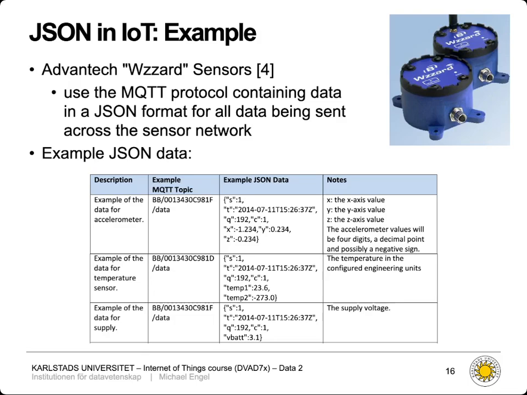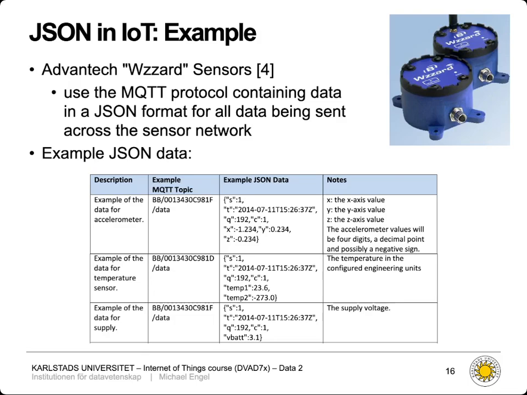So if we have 3 or 4 or 5 sensors of the same type, we would still be able to distinguish from which sensor a certain data set came. For example, this would be just a long hexadecimal string indicating maybe a serial number, and then /data. So whenever an MQTT topic is posted with exactly that value, then the payload of that MQTT message is expected to have the form that's shown in the third column here.